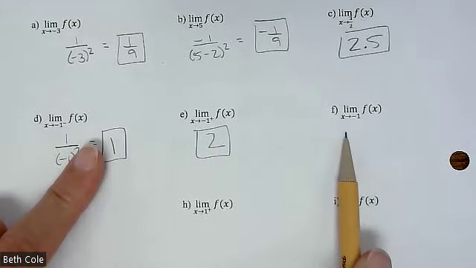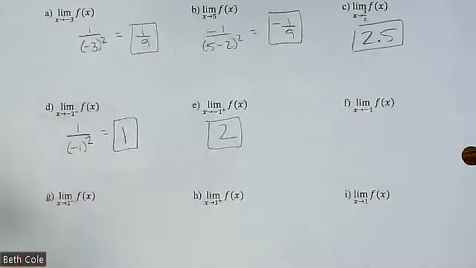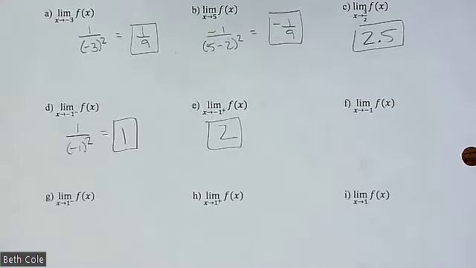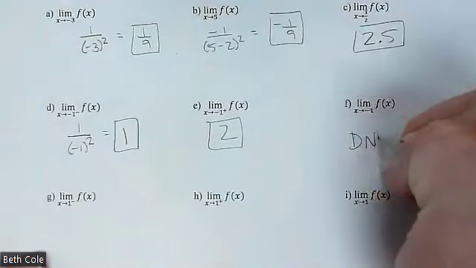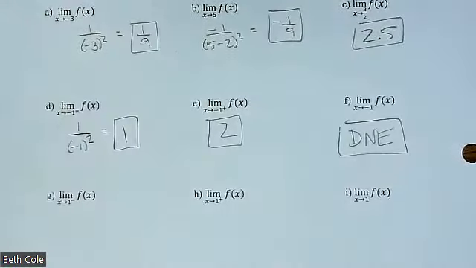So what is this answer? From the left, it's 1. From the right, it's 2. What kind of discontinuity is that? Jump. Are you guys visualizing this? One side went to 2 and the other side went to 1.